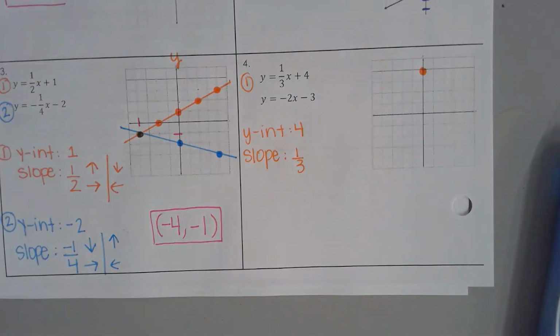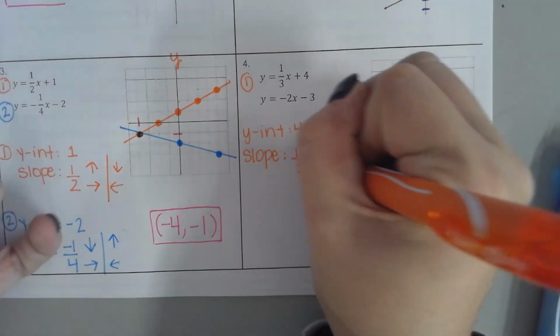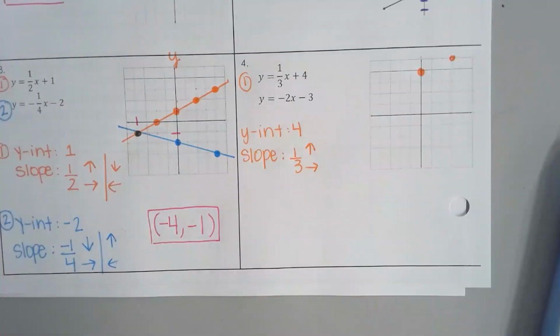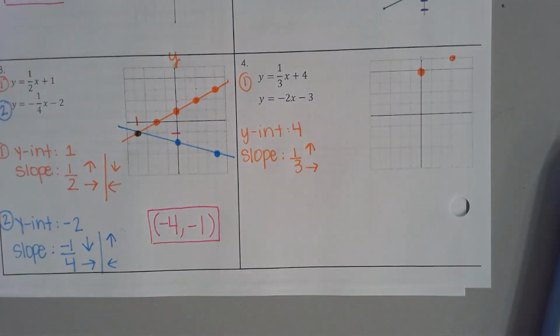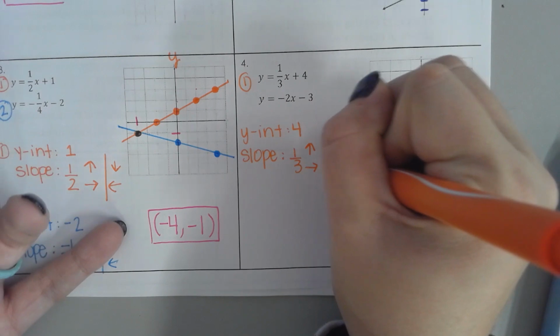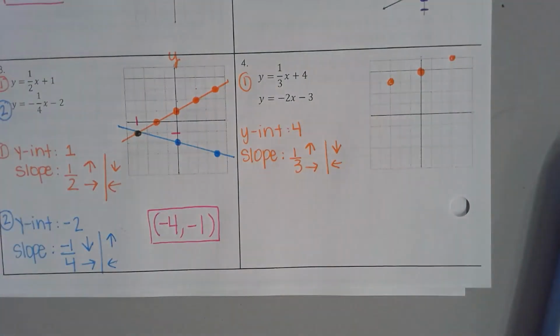So a +1 on top goes up. A +3 on the bottom goes right. So I'm going to count up 1, right 3. Or I could go down and left. And that'll stay right in line.